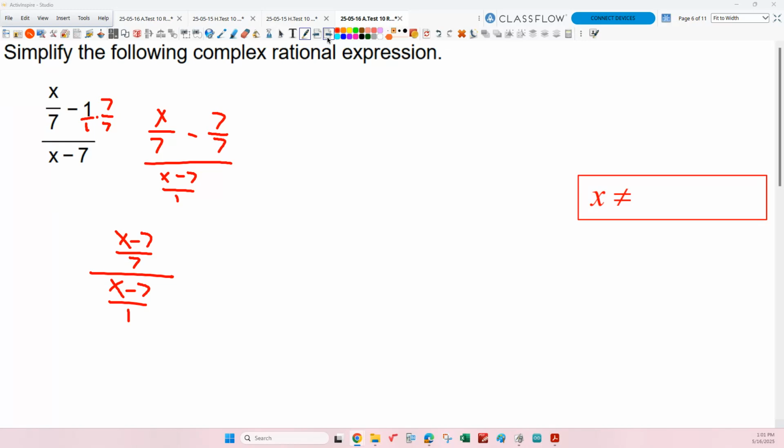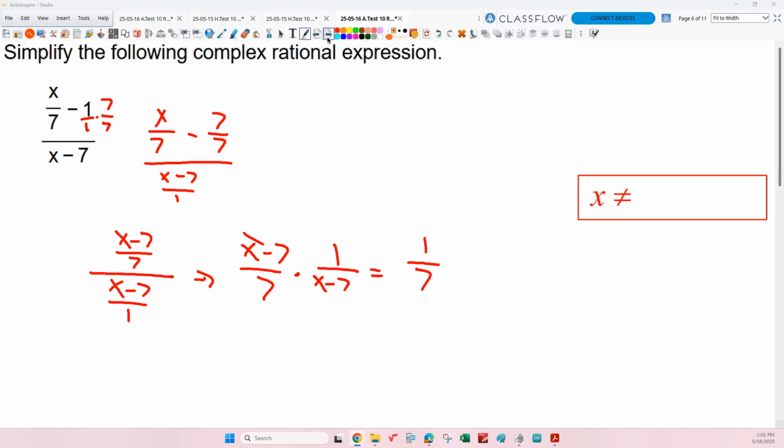So that'll help us say it's 1 over x minus 7. So you just flip it to make it a multiplication instead of a division? Right. It's not just 7, it's 1/7.